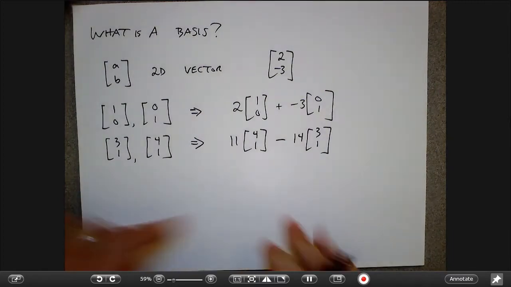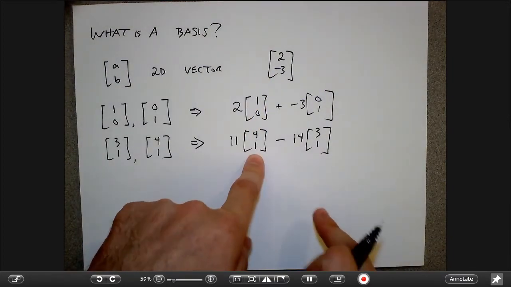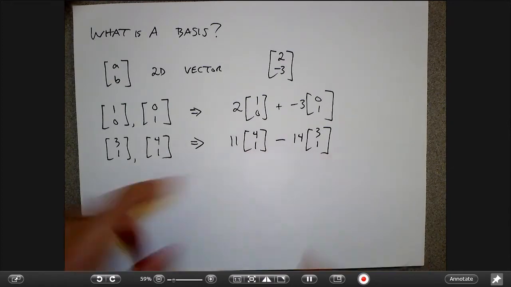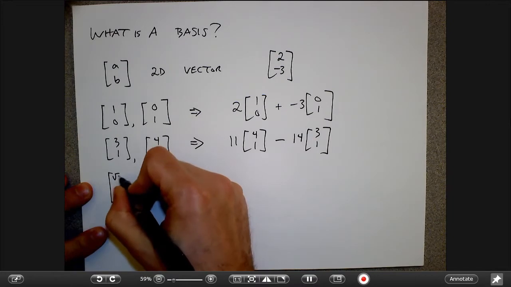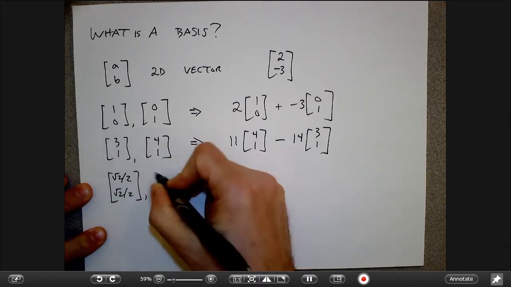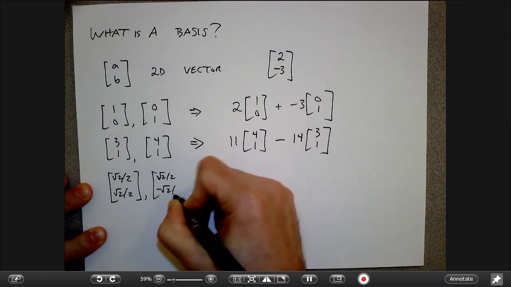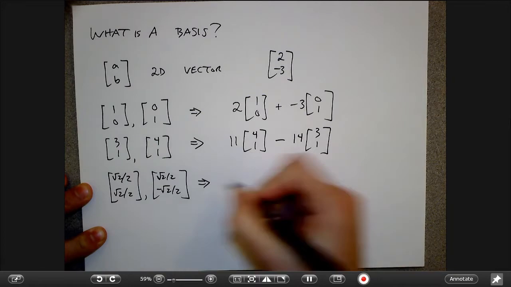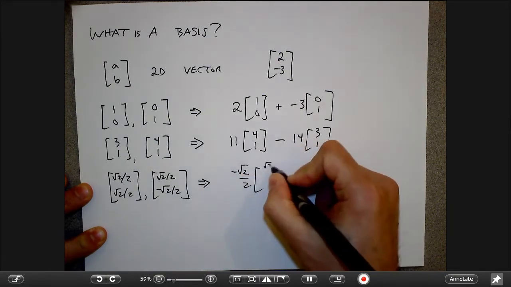It turns out that I can take any two-dimensional vector and represent it by something times the one basis vector plus something times the other basis vector. Or I could choose a different basis like this, and then I could find that I could represent that vector in this way.